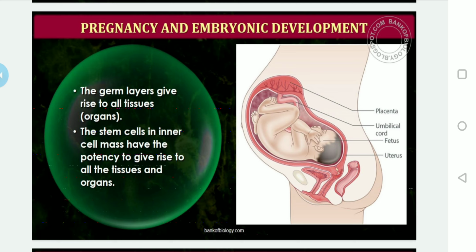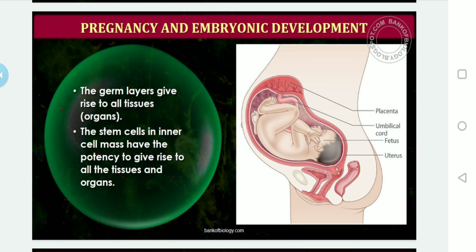If you ask exactly what those are, let me explain. Note down this one, because as I said, these are the derivatives of the primary germ layers. Ectoderm generally gives rise to the epidermis of the skin, epidermal derivatives like glands, hairs, nails, nervous system, eyes, salivary glands, and also lacrimal glands.